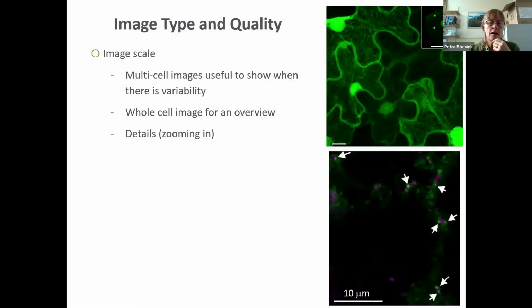Sometimes a high magnification image of a small area within a cell is really the only thing that is useful. Here we're looking at a protein that localizes to the ends of mitochondria, but it also has substantial fluorescence in the cytoplasm in the background, either through overexpression or just because the protein is one of these ones that goes on and off particular sites.